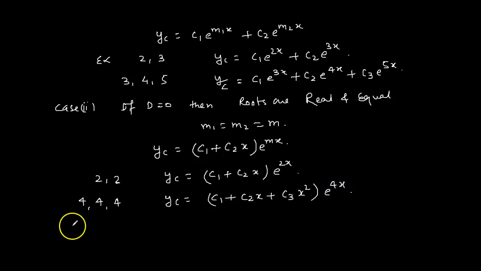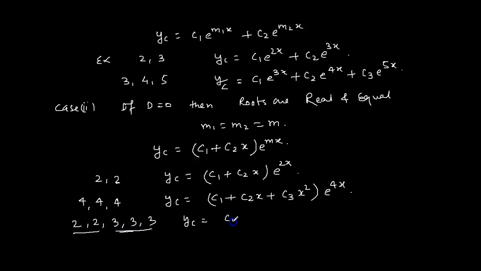Now consider 5 roots given like 2, 2 and 3, 3, 3. These two are the same and these three are the same, but the two groups are distinct.